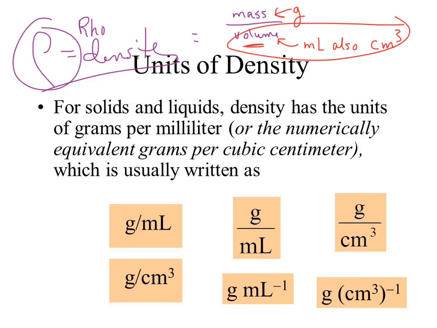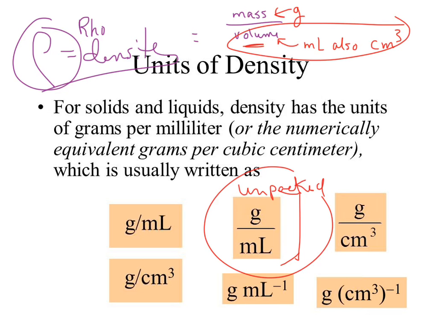So of these ways of expressing the units for density, this is probably what I call the unpacked version of grams per mil. Did you guys know anytime you hear the word per, basically that's like a little divisor? What's your mileage? I drive a Cube, and if I'm doing good, it gets about 30 miles per gallon.